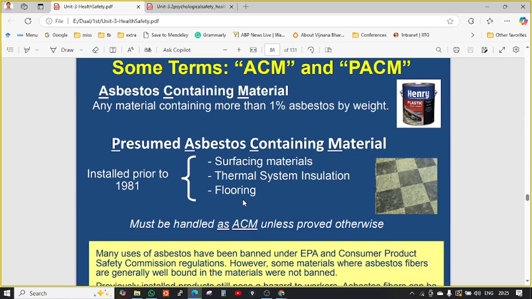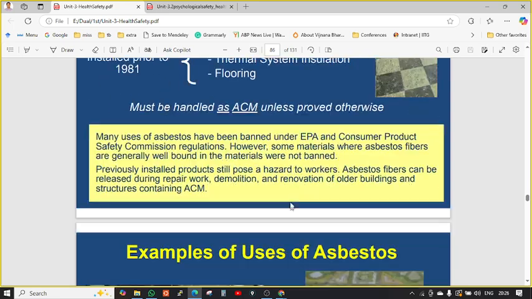Then there are terms like asbestos containing material and presumed asbestos containing material. Some materials contain asbestos, so just avoid this kind of material. Normally we use paint in our house, which may also contain lead or asbestos. The peculiar smell of this paint is very dangerous, so avoid smelling any paint.